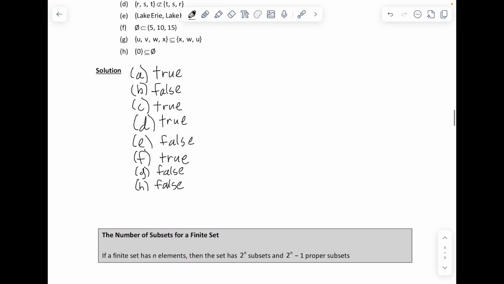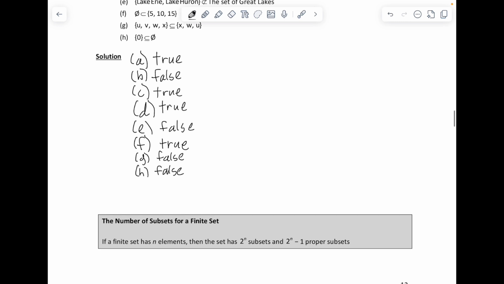Okay, a general rule for finding the number of subsets for a finite set, a set that has a finite number of elements. If a finite set has n elements, then the set has 2 raised to the power of n subsets and 2 raised to the power of n minus 1 proper subsets.